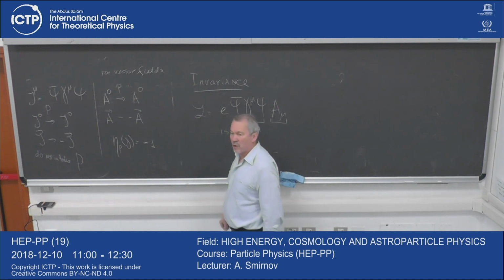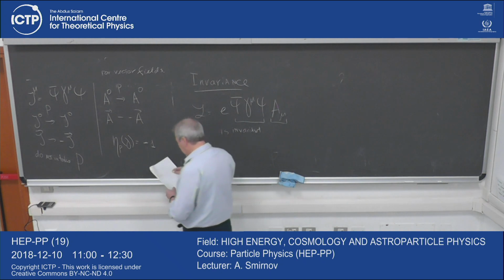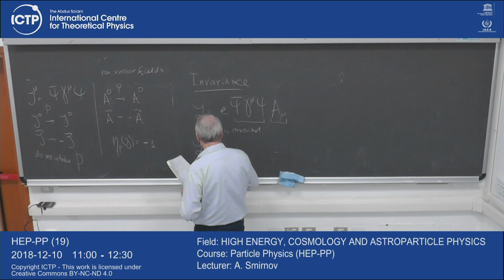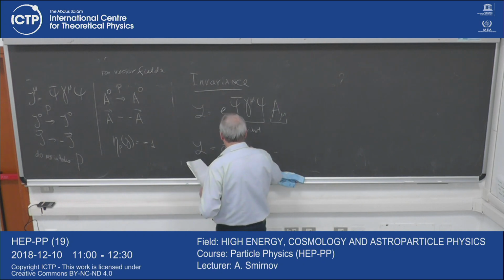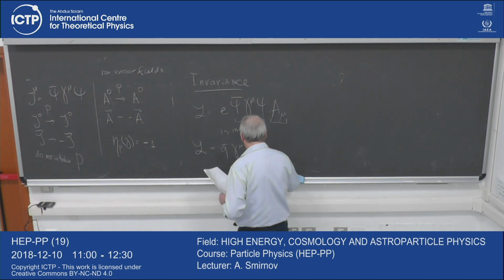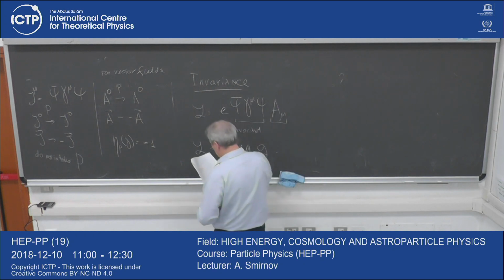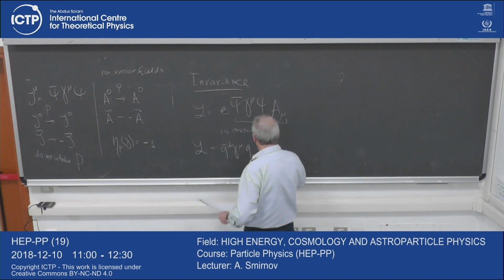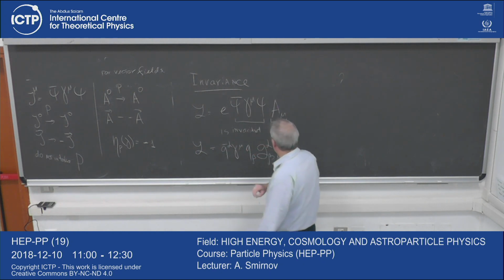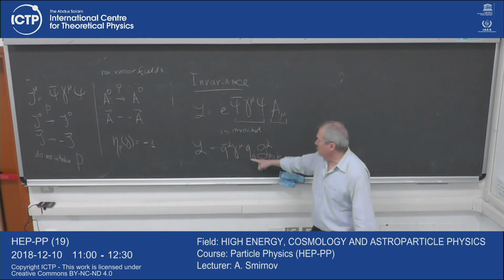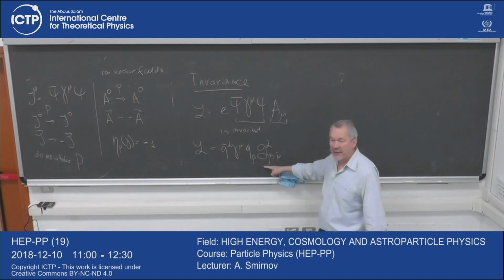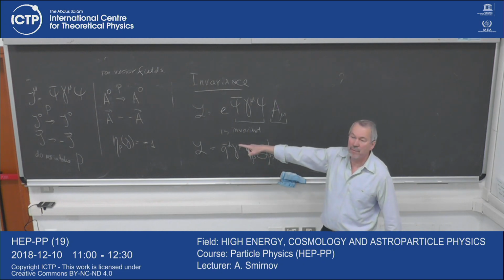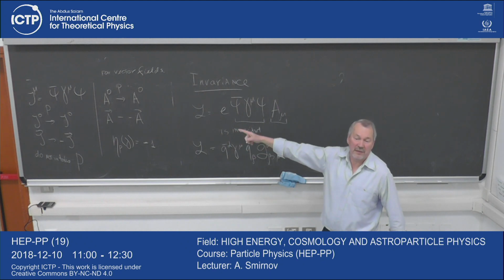The same holds for QCD, because in the case of QCD we have the Lagrangian of interaction of quarks with gluon fields. Here let me put indices alpha, beta, and also the index mu here. But again, it has the structure current times vector field, and for the gluonic field we introduce the same parity as for the photon, for vector fields.